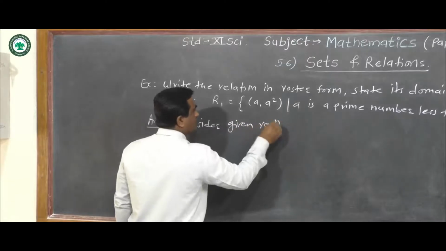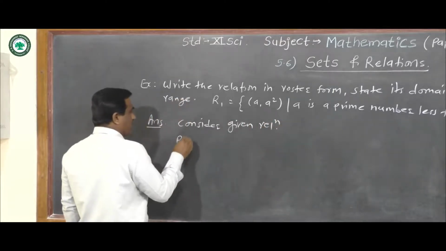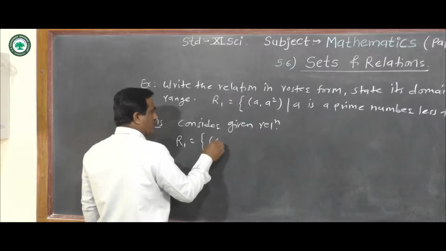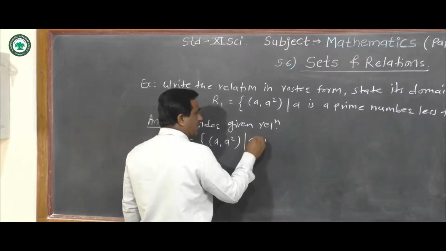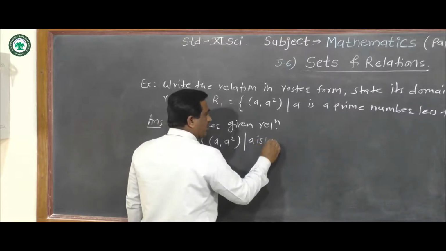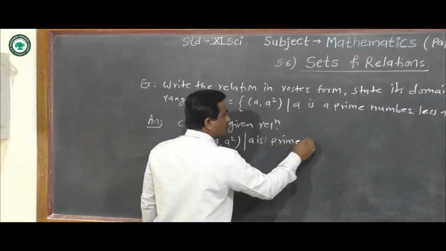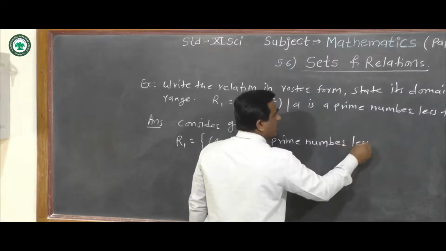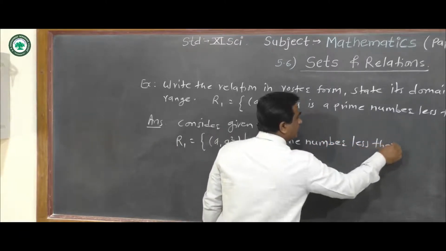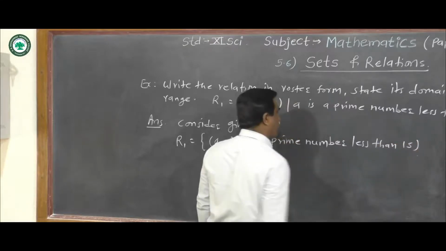R1 equal to, in curly brackets, the ordered pair A, A square, such that A is a prime number less than 15.